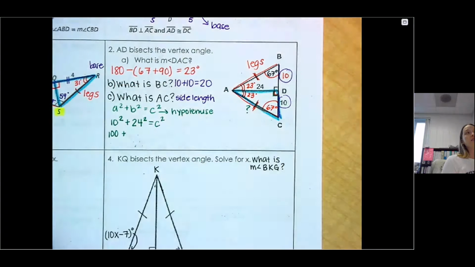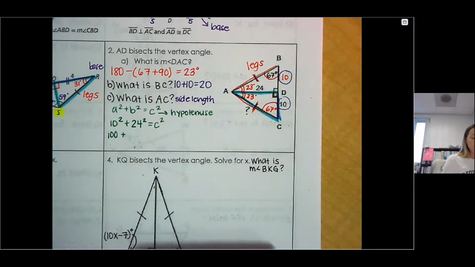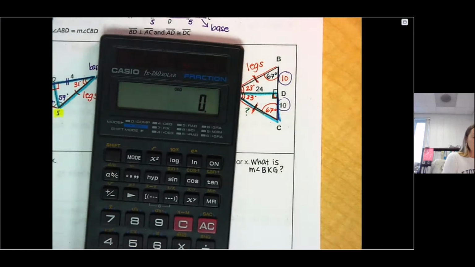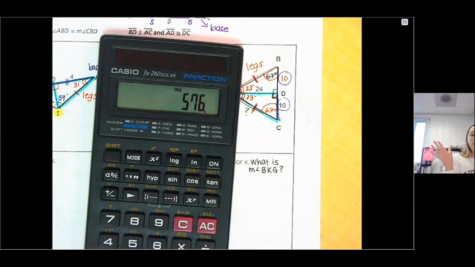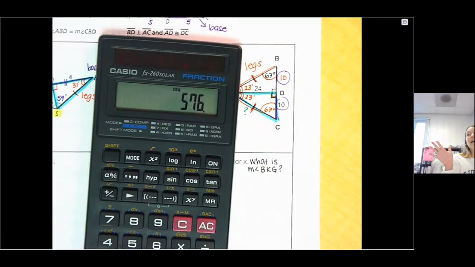Plus, now you have to do the same thing for the 24. So again, put in the 24, and then push the X squared button. What number do you get? 576. Good. Did anybody not get that on their calculator? It's okay if you didn't, just tell me.